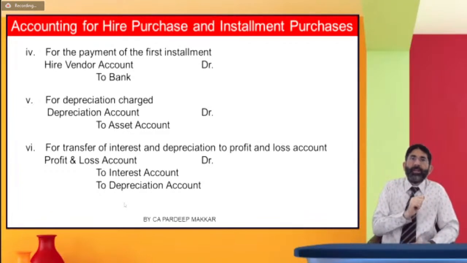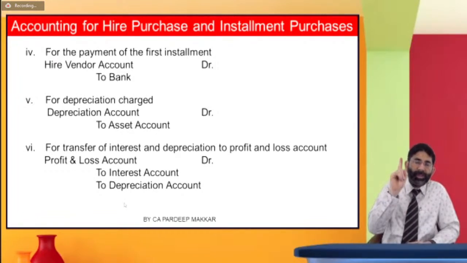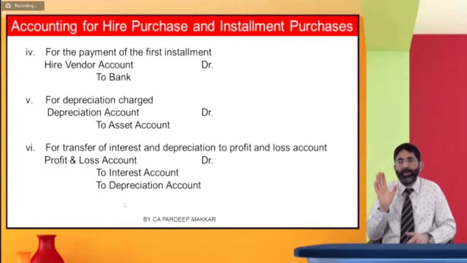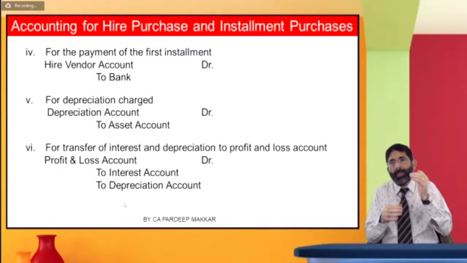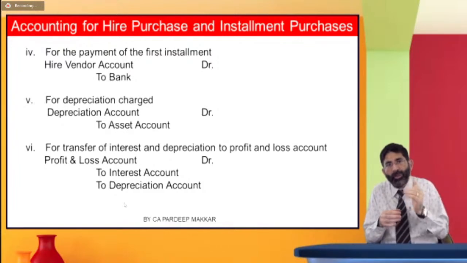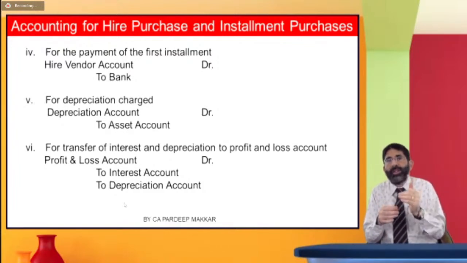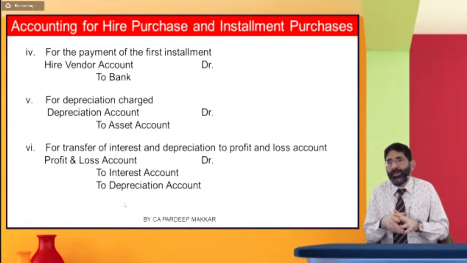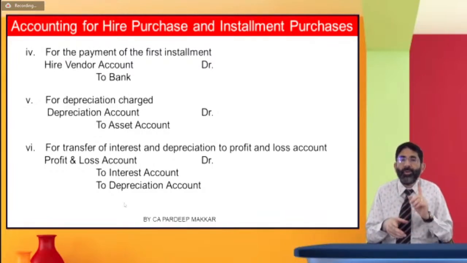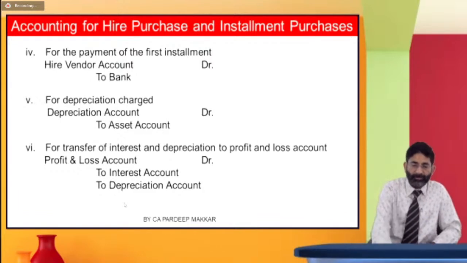But to transfer interest to the P&L account, we have to pass only one entry at the end of the year, because you must understand that we have to transfer all our expenses to the profit and loss account at the end of the year only. So this entry will be passed only at the end of the year, beta.